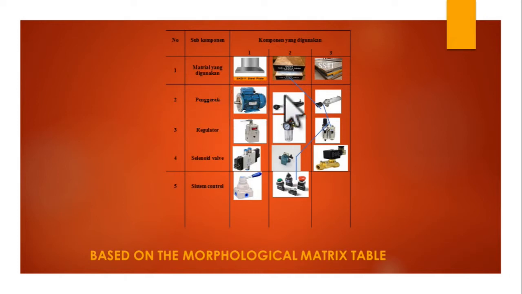And there is the second, number 3, and then number 3, and then number 2, and the end of that is number 2. This is based on the morphological matrix table.